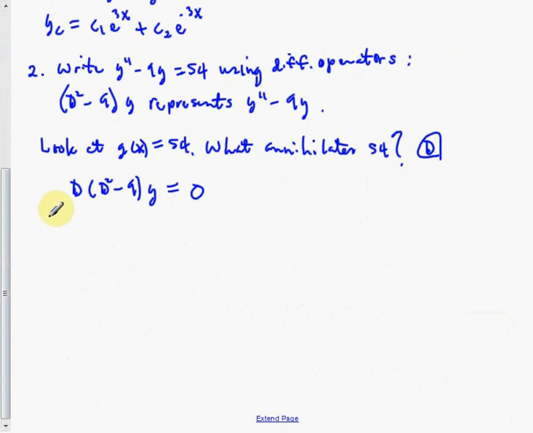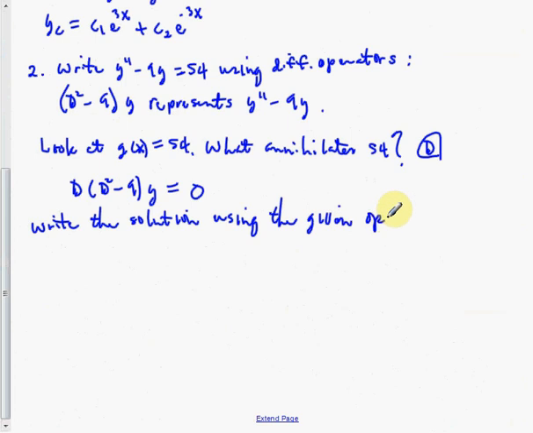So from here, I'm going to write the solution using the given operators.